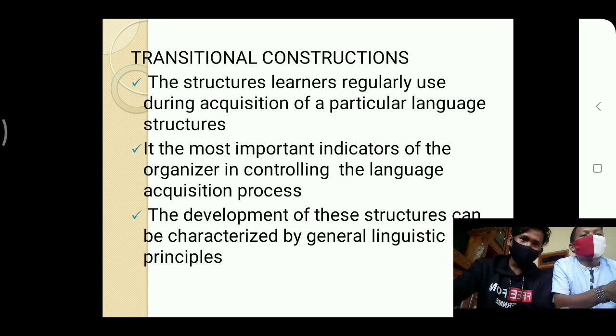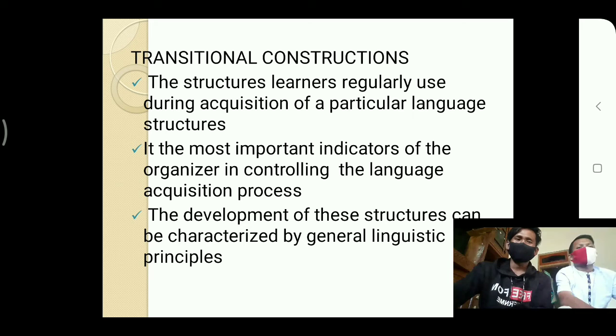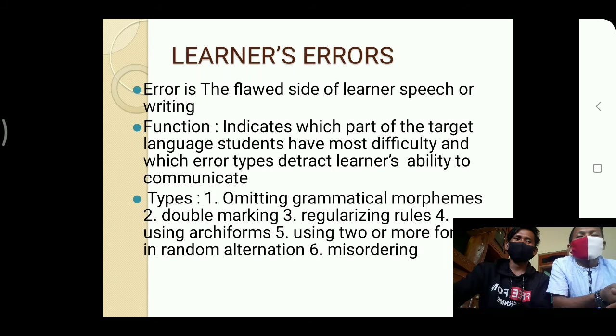Now about the learner's error. An error is the flawed side of a learner's speech or writing. The function of the learner's error is to indicate which parts of the target language students have the most difficulty with and which error types detract from learners' ability to communicate. There are usually six types of learner errors.